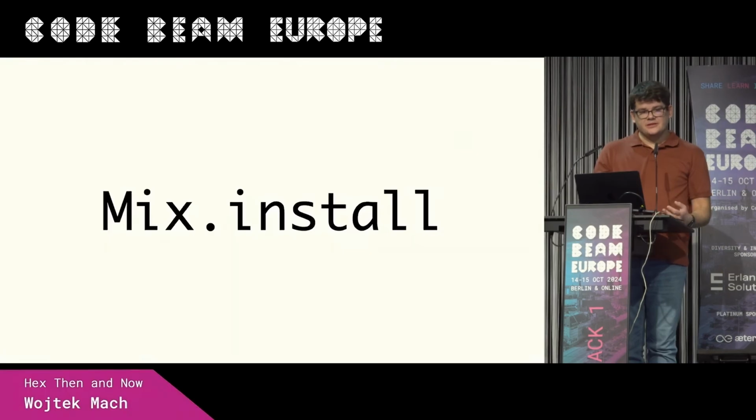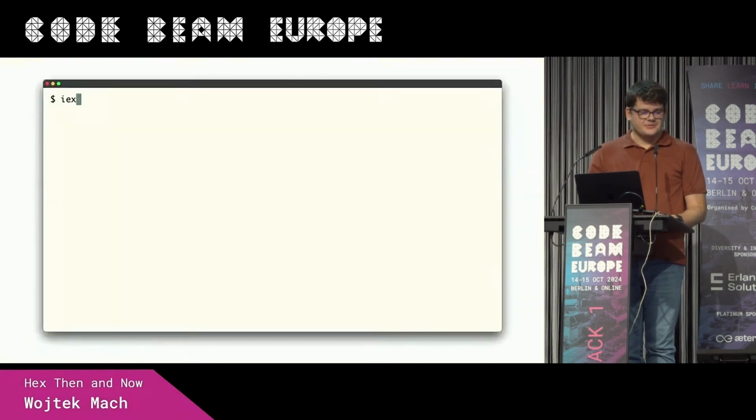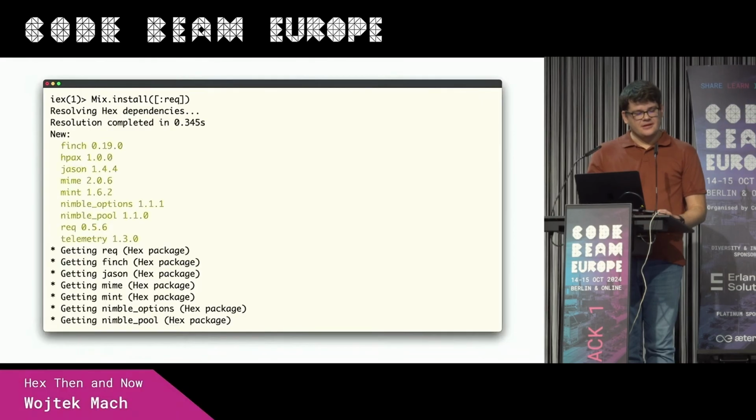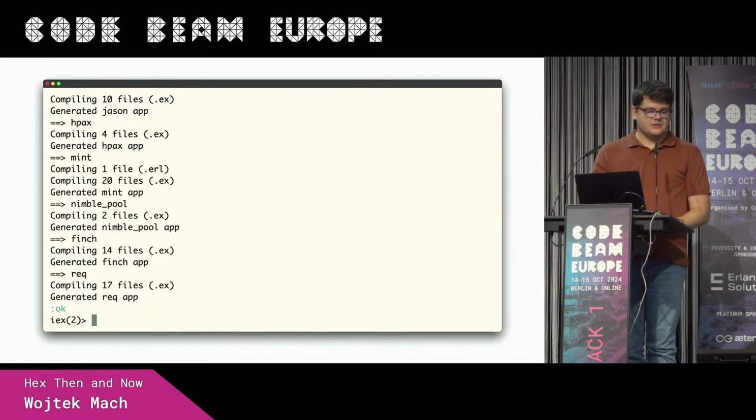One of the features that appeared throughout the years is Mix.install, and it totally feels like something that should have been there from day one. As an example, we can open up IEx, and, sorry for the plug, I created a little HTTP client called Req, and we can just Mix.install Req, and now it downloads and compiles right there in the terminal.